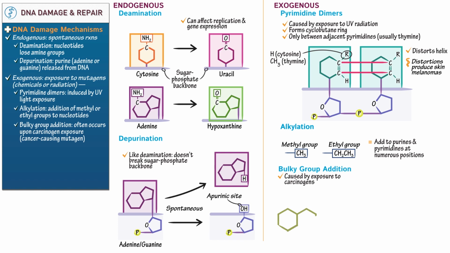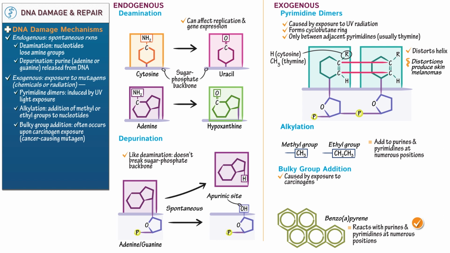Draw the bulky group benzo[a]pyrene, an aromatic polycyclic structure. Write that this structure can react with both purines and pyrimidines at numerous positions. Write that these bulky groups also cause distortions in the DNA double helix.